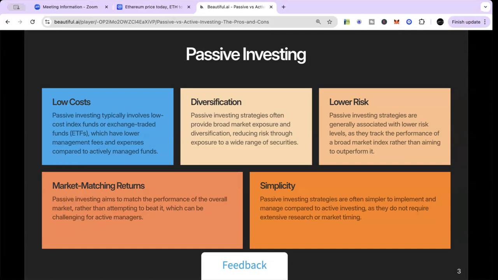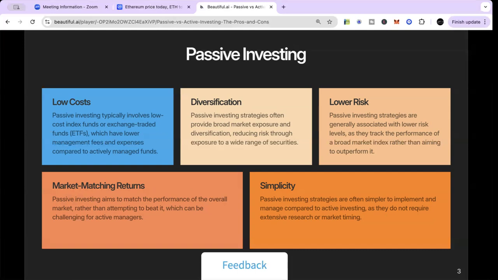With passive investing, diversification creates strategies that provide broad market exposure. And you need that market exposure because as an investor, you always have to think about risk. What is the risk that I'm taking by investing in this asset? And if you're going to take more risk, you need to receive more reward, more return for the risk.